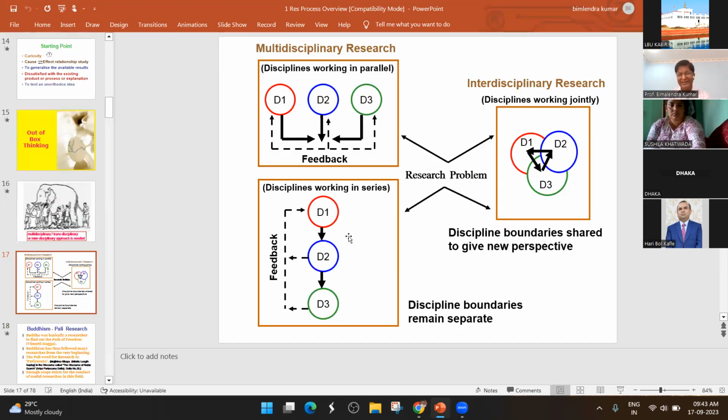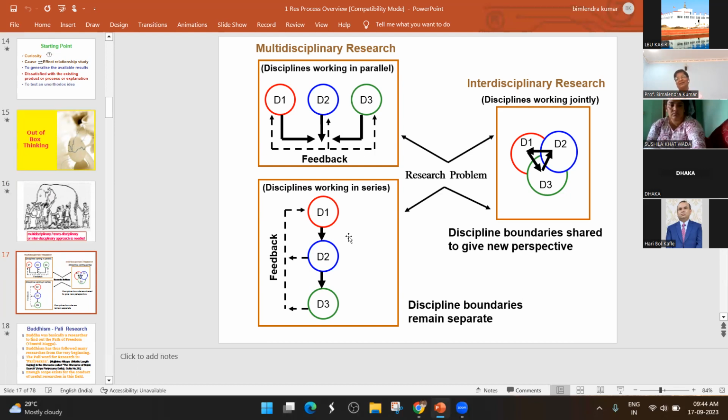So what are the ideas nowadays in the field of humanities and social science? In our Buddhist studies nowadays, people are taking up interdisciplinary or multidisciplinary research when the subjects are parallel. Suppose a person in psychology has a good grounding in the study of the mind.